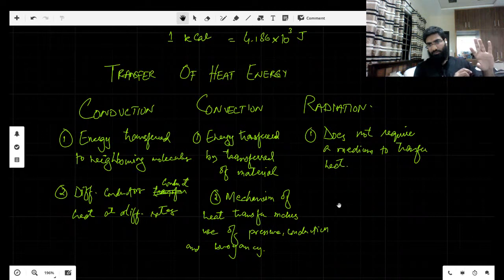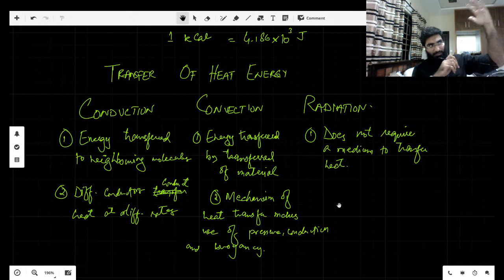Don't they have gases? If there were gases, then why would it be space? So there is a gap between the sun and the earth where there is no matter, no gases.